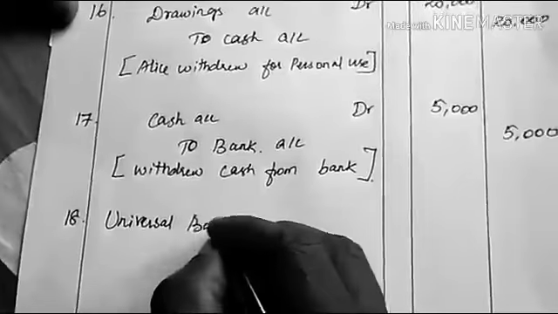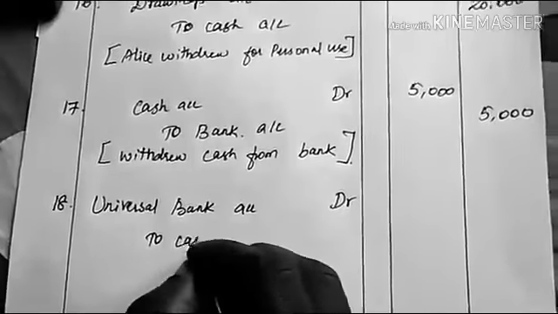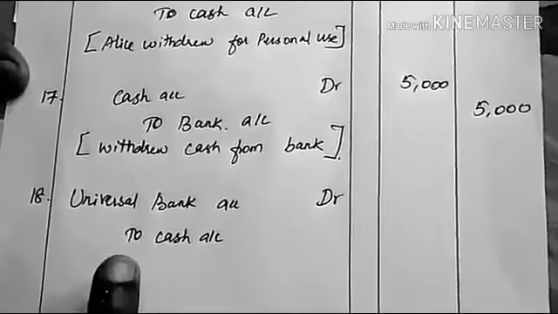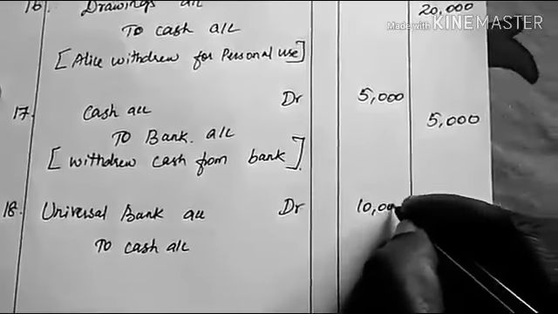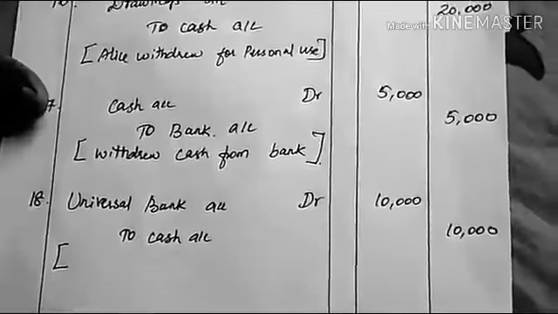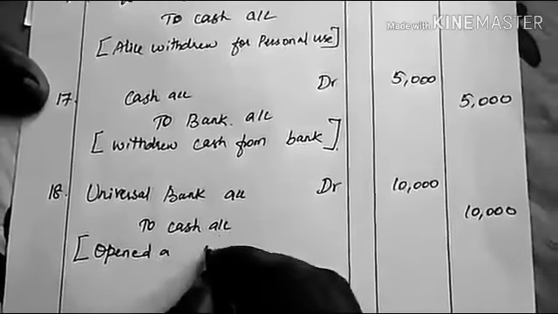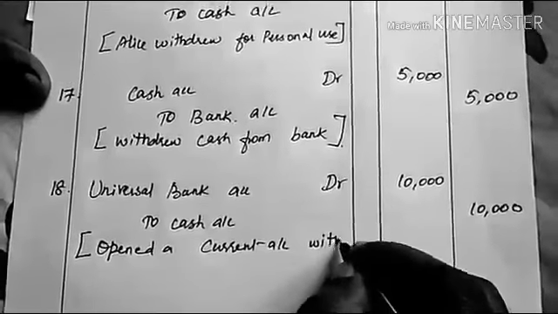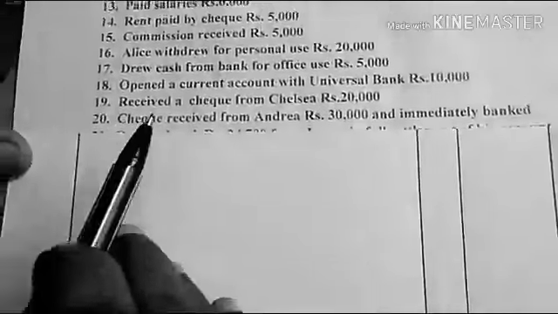Universal Bank account debit to cash, because when you deposit any amount into the bank, cash goes out. How much? 10,000 rupees. So narration: opened a current account with Universal Bank. Next transaction.